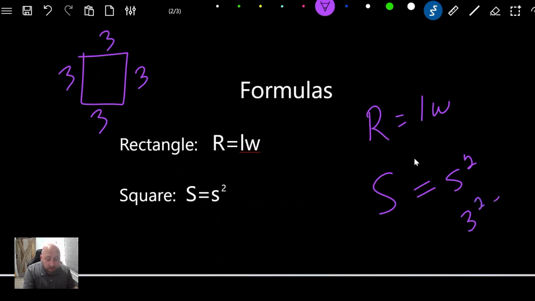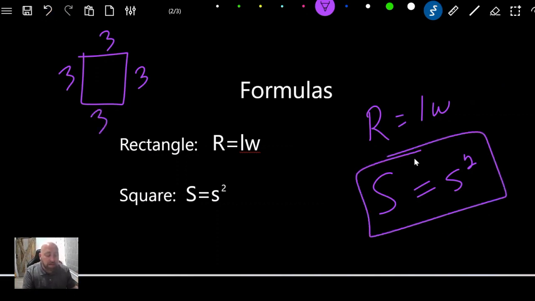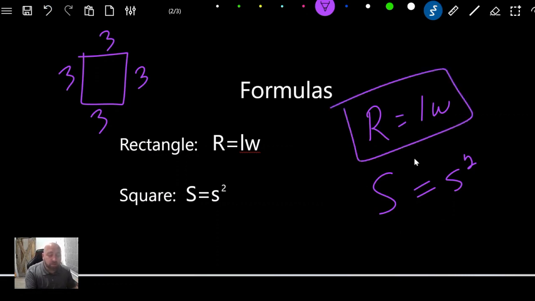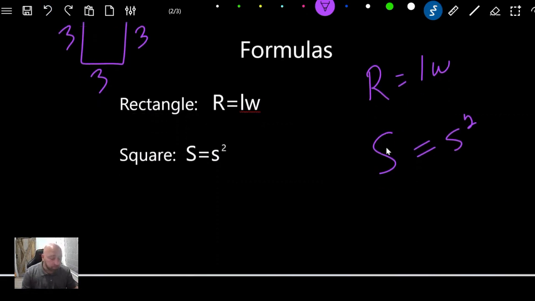So 3 squared equals 9, or 3 times 3 equals 9. You're going to get the same answer with a square, no matter which formula you use, but I tend to like the formula here, just taking the side and squaring it. It's a little bit easier. But if you like this one for a square, you can also use that. You will get the same answer.